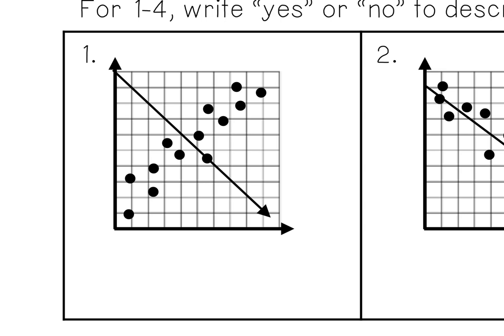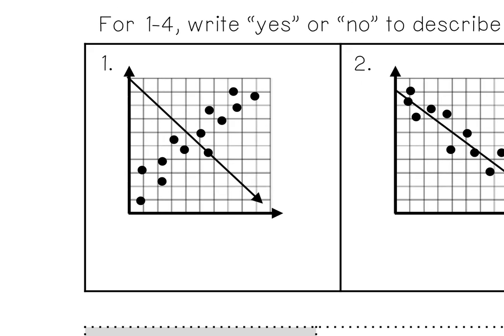All right, let's talk about the first one. Do you think this was a good line of best fit? Does it go through the general data pattern? No, absolutely not. Why not? The scatter plot is what type of a correlation?